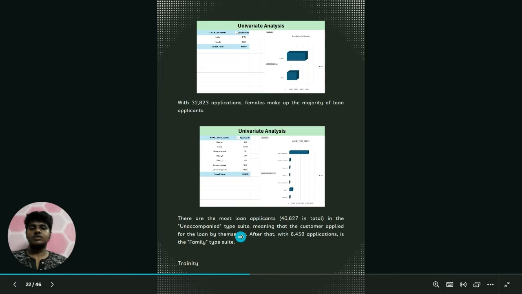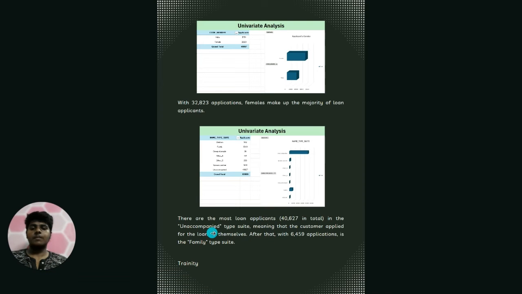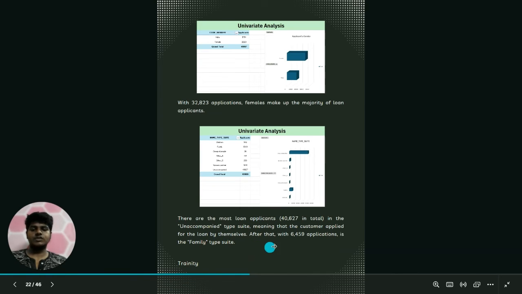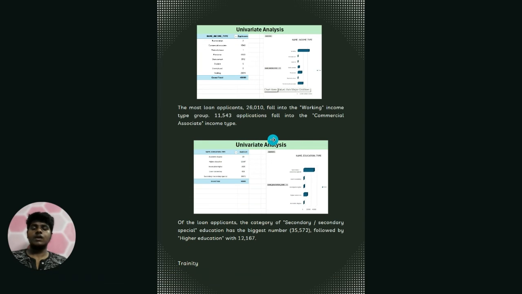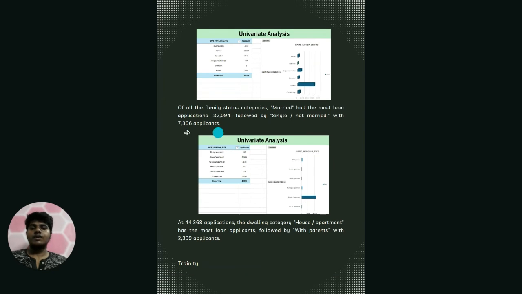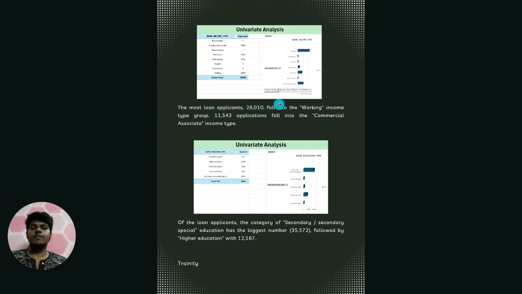Whereas when it comes to the type suite, unaccompanied clients have the most applicants, followed by the family type suite applicants. When it comes to the income type group, the working group has the highest number of applicants, followed by the commercial associate.